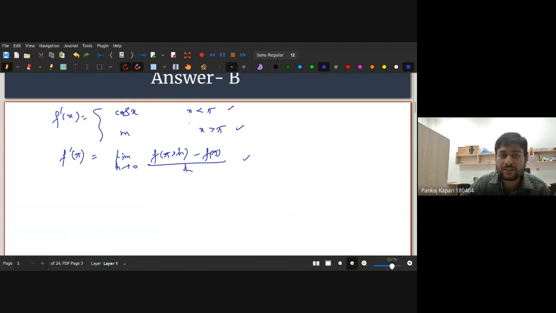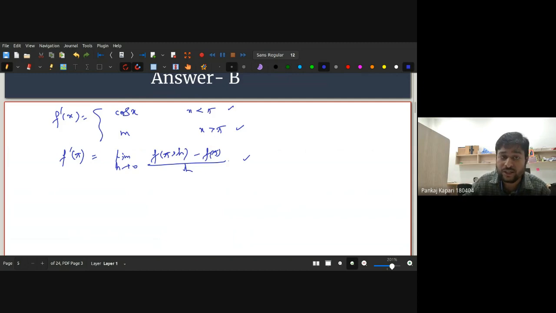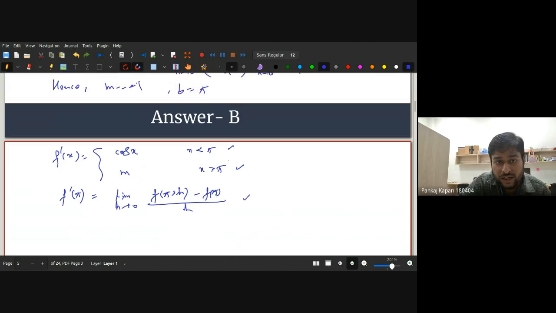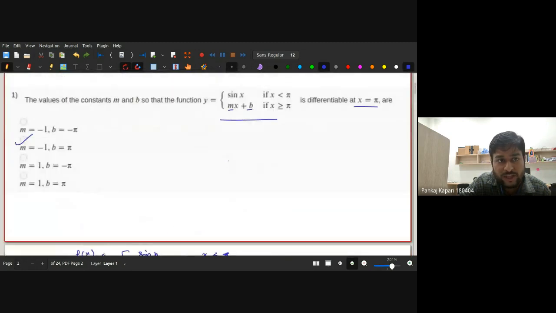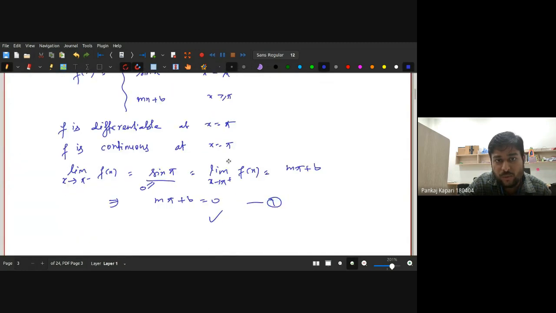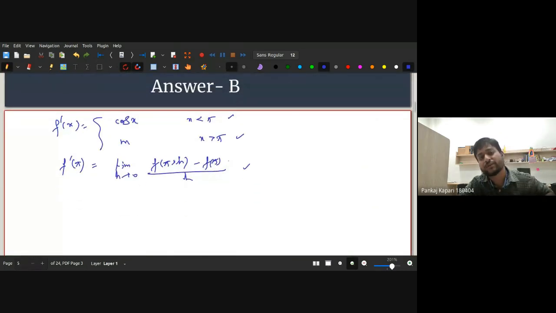But it is given that it is differentiable, so that means this limit must exist, and that gives us the condition. So you can only have m equal to minus 1 and b equal to pi. Only minus x plus pi, that linear function, will make the function differentiable at pi.